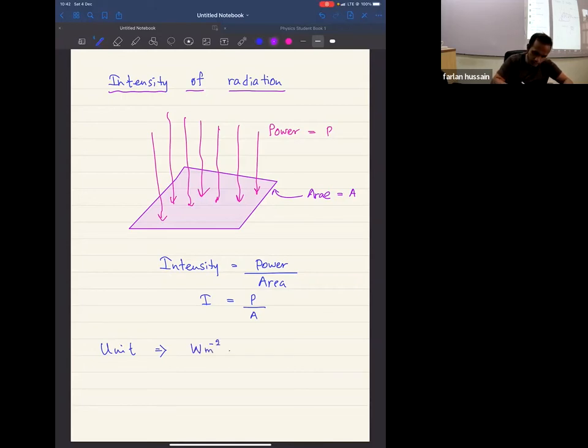Okay, take it down. Intensity is power over area, power passing through a unit area.